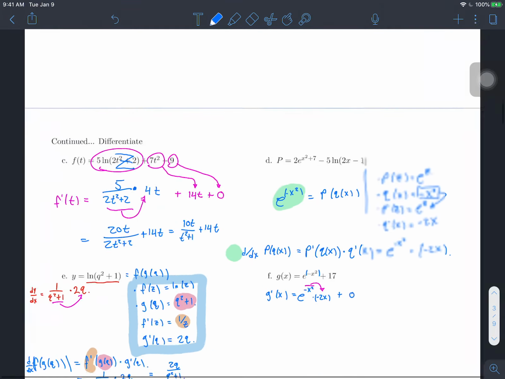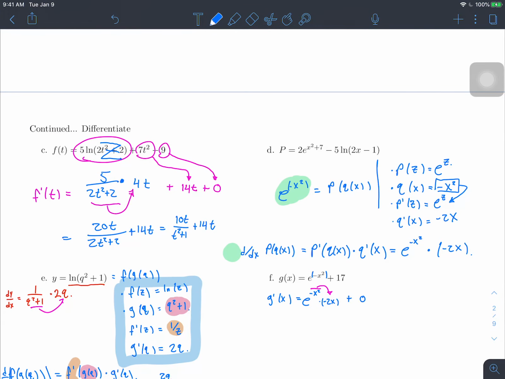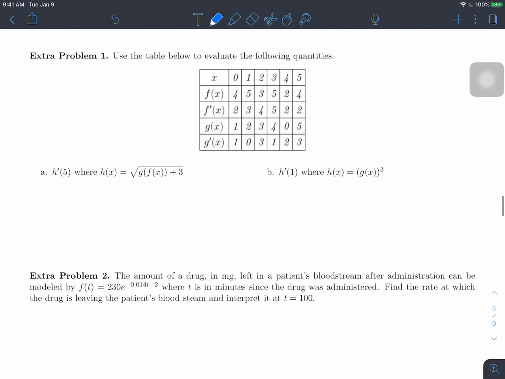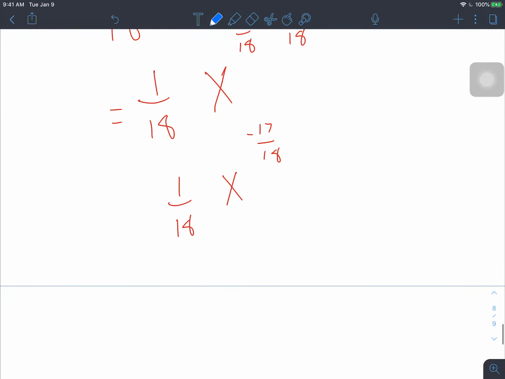Okay. I want to talk about one more thing. Which is when I have the composition of more than two functions. When I have three functions all being composed.